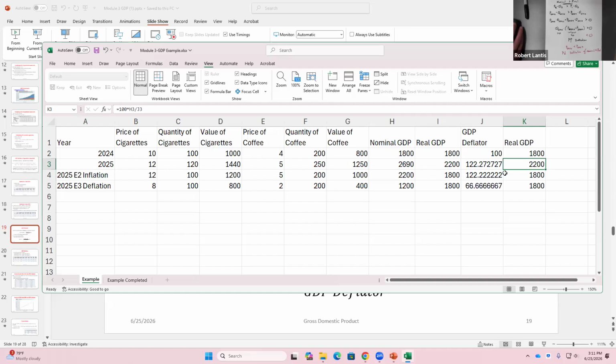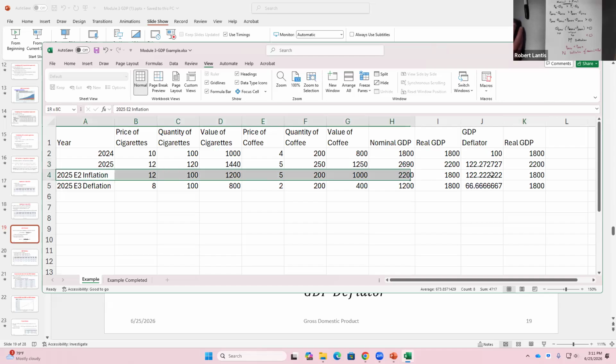And then, yeah, sorry, we'll leave it. Well, actually, no, I want to make one more point before we stop. Remember, this was the example where I had inflation, even though output stayed the same. So notice what has to be true.